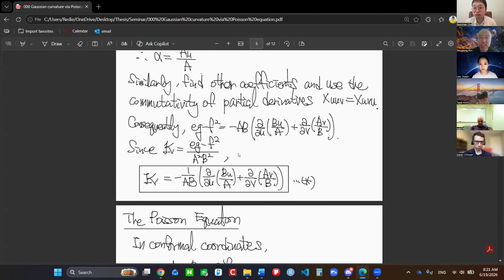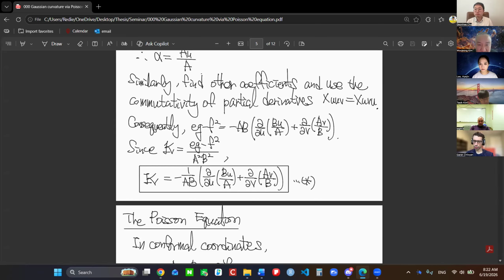And the Gaussian curvature was defined as this. So EG minus F squared is the numerator.